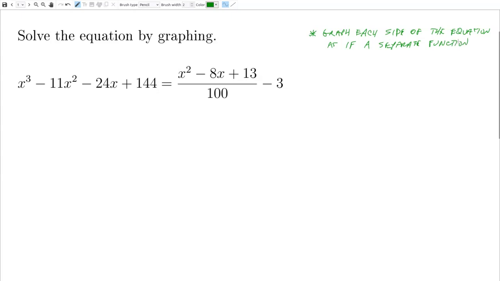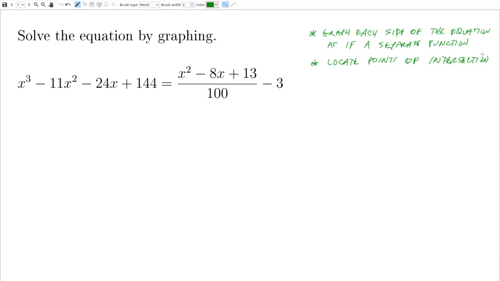And then locate points of intersection. That will give you the solutions.